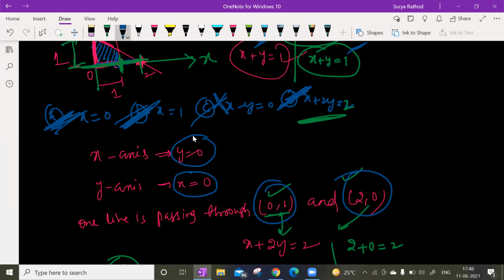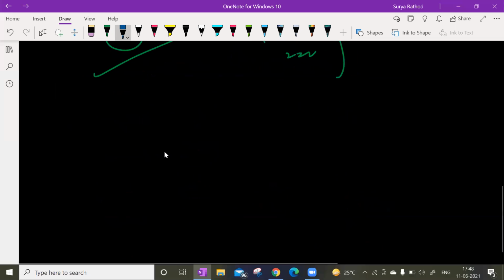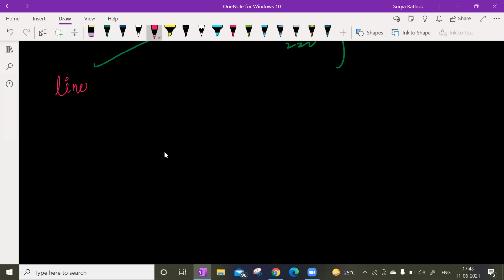Okay, so geometry. In geometry, let us talk about lines and angles. So today we'll start in geometry, lines and angles. Lines and angles is a part of what? Is it a part of geometry or part of coordinate geometry? Geometry.